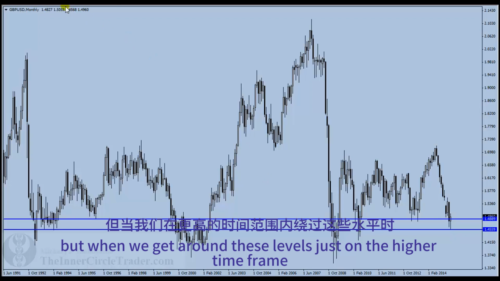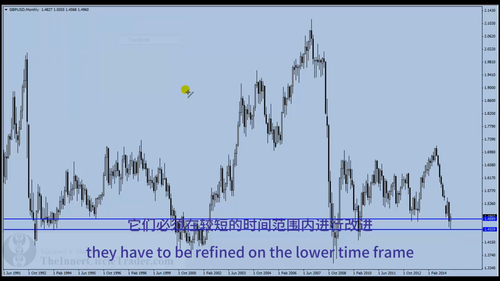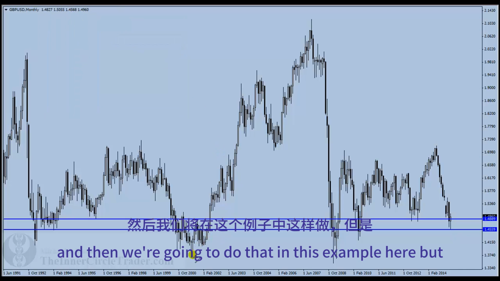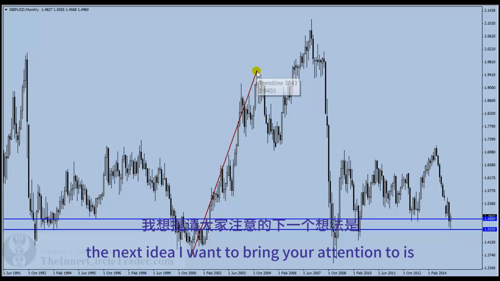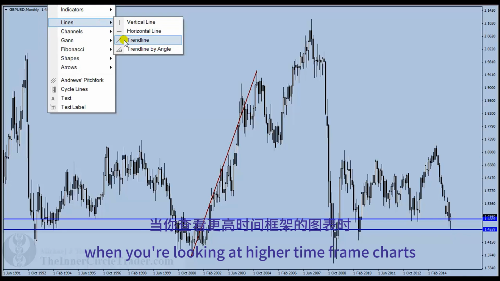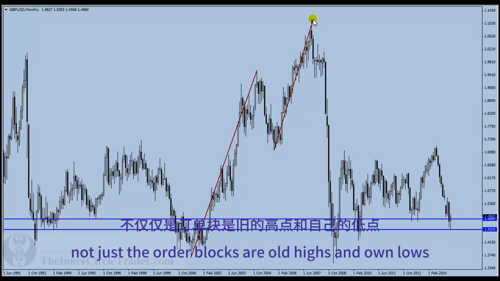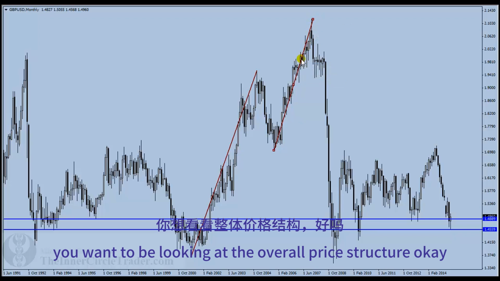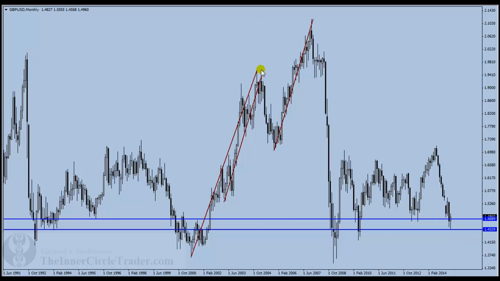If you look at what we have here, we have the market moving up from a low to a high, and then we have another market swing from here to here, which is comparable to this move here. We have this low to this high.